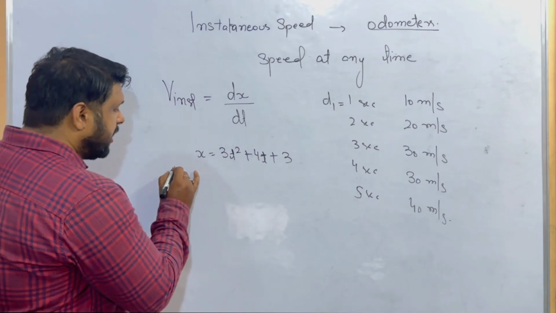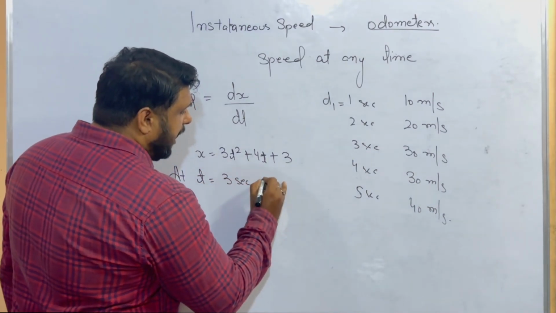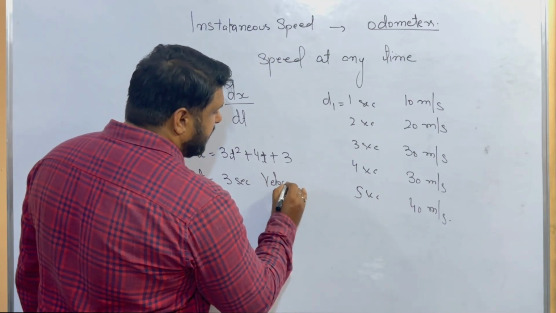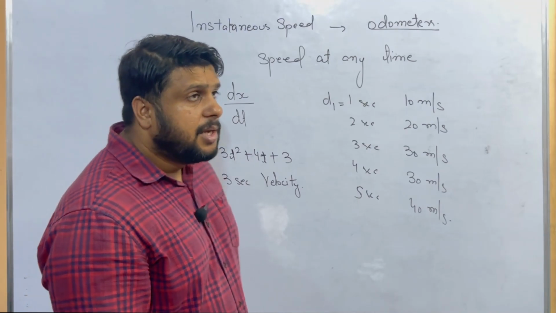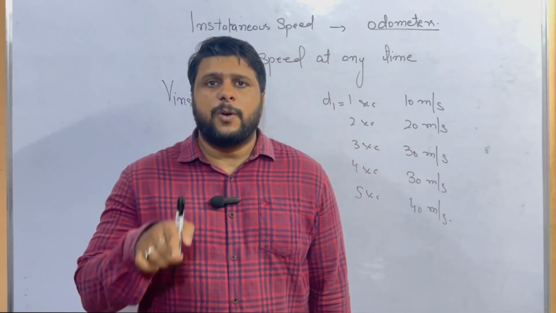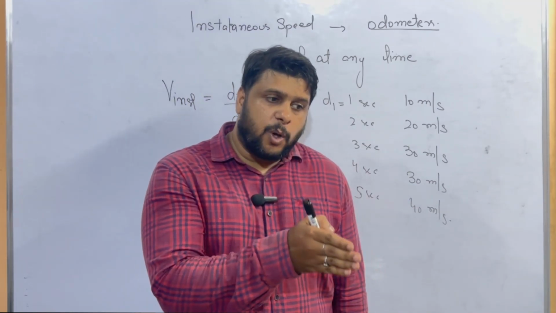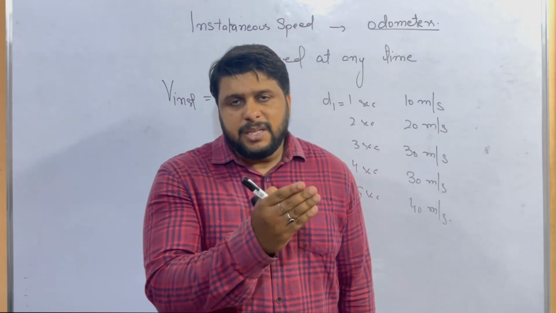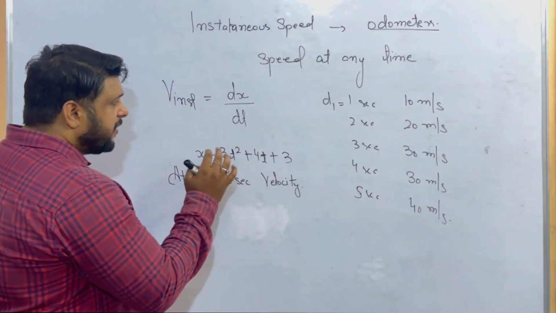So when it is written like this, it means that particularly at 3 seconds, what is my velocity? If we have to find the velocity at a particular point, that means we have to find the instantaneous velocity. So what we will do, we will differentiate it.